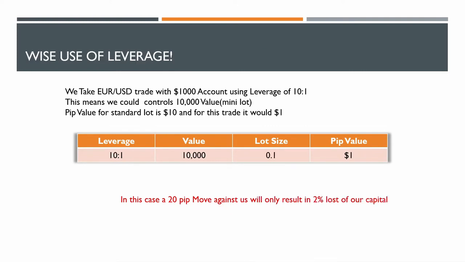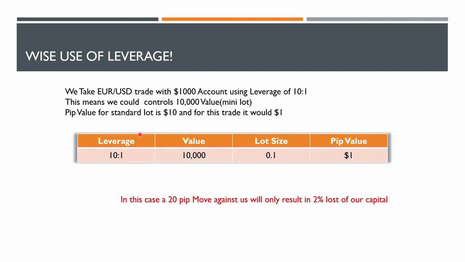Let's take a look at a wise use of leverage. We are trading EUR/USD with a $1,000 account and we are only getting 10-to-1 leverage from our broker. This means we could control 10,000 in value, which means we could control a mini lot. The pip value for a standard lot is about $10. For a mini lot, it would be $1.